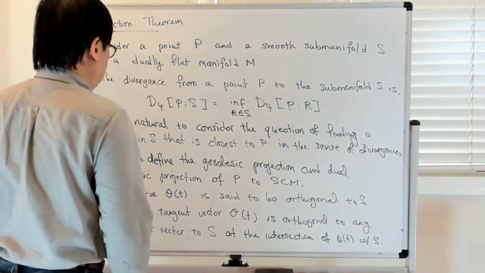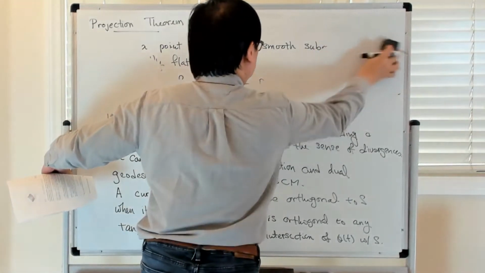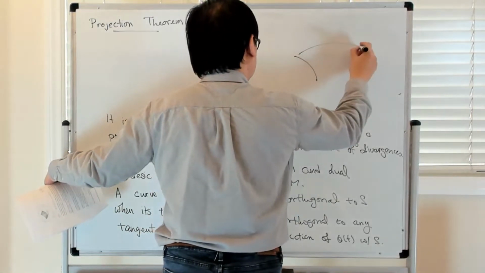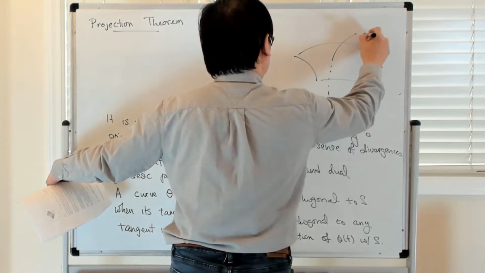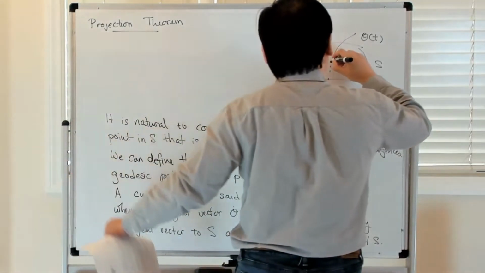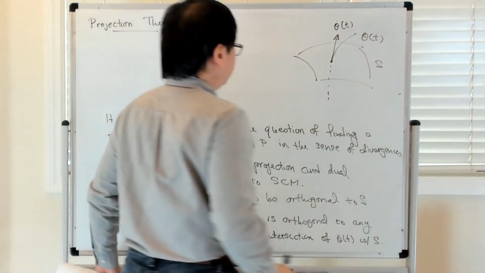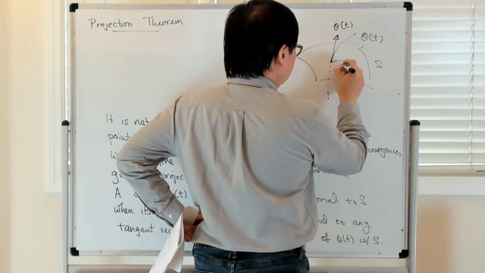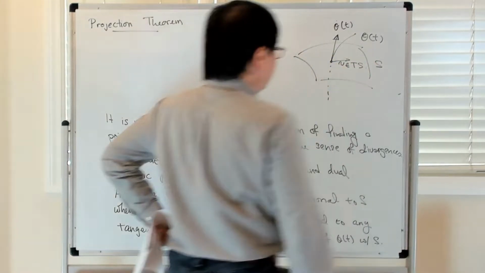So let's try to draw a picture of this. Right, you have some sort of curved set. Say, let's call that S. You have theta of T, and you have some sort of intersection point, right? And you have a tangent vector to that, theta dot of T. And this has to be orthogonal to any tangent vector V in the tangent space to S, okay?